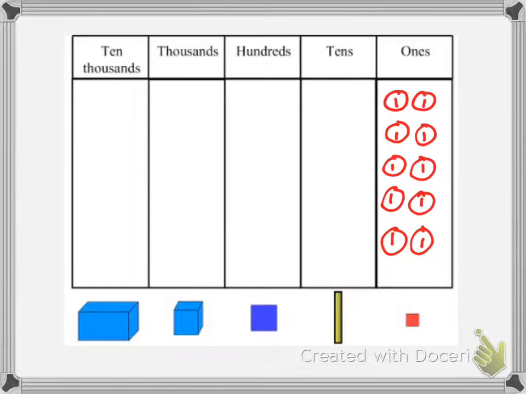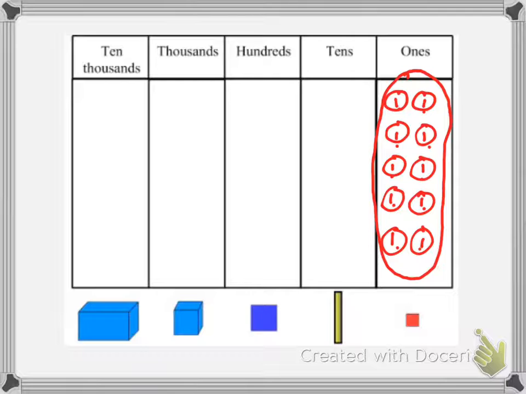For example, let's go back to the ones column in our place value chart. I have 10 place value discs in this ones column. Each one of these discs is worth 1. I have 1, 2, 3, 4, 5, 6, 7, 8, 9, 10. I can bundle these place value discs all up.